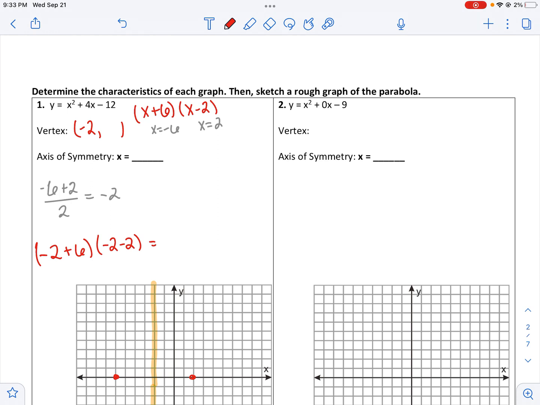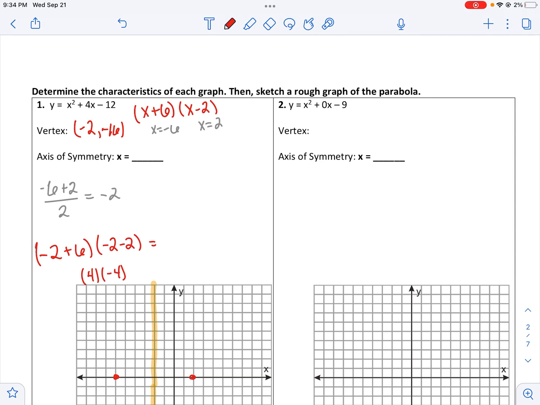All right, so negative 2 plus 6, well, that's a lot like 6 minus 2. That's just positive 4. Negative 2 minus 2 is negative 4. So what I have here is 4 times a negative 4. And I can't really graph that on my 10 by 10 paper here, but at least I know where it's at.